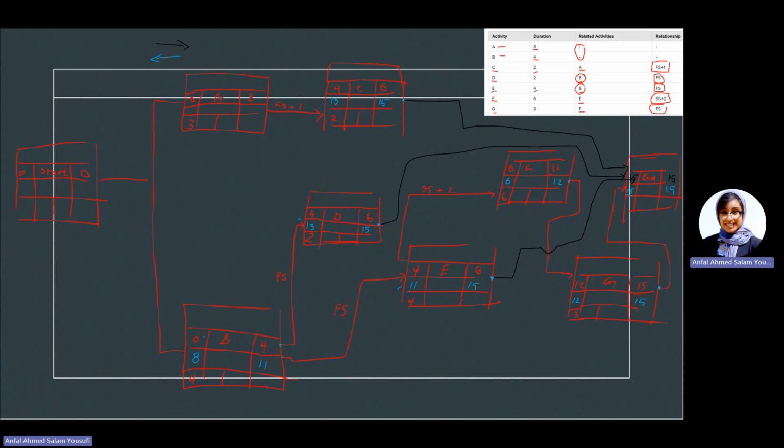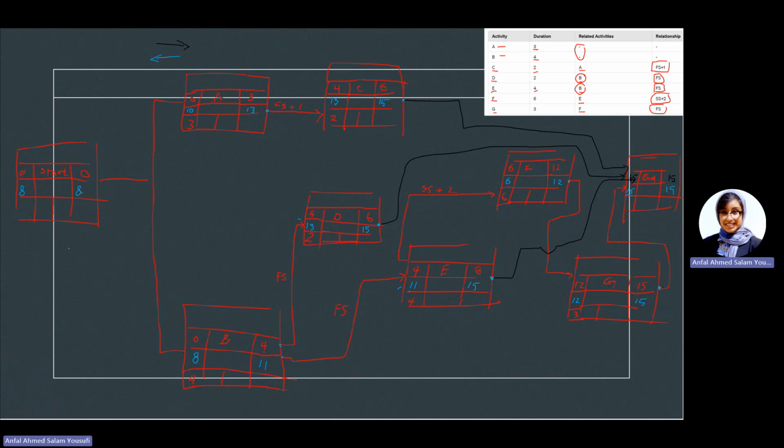Okay, so let's do A, sorry. A is coming from C, that is 13, and 13 minus 3, that is in day number 10. And then again, we're going to take the smallest, meaning the smallest is 8 and 8.